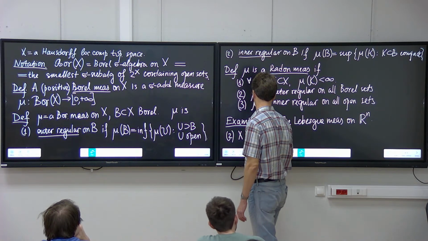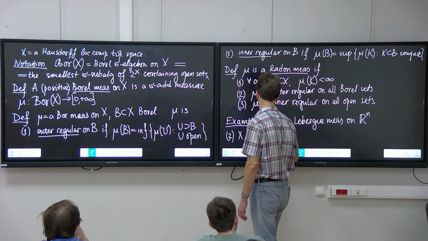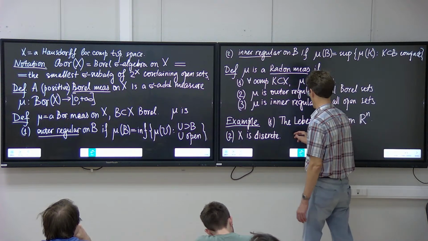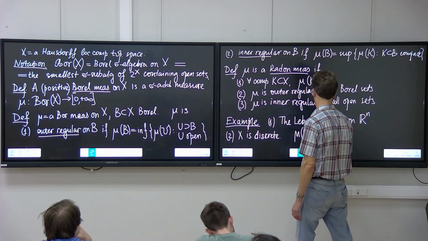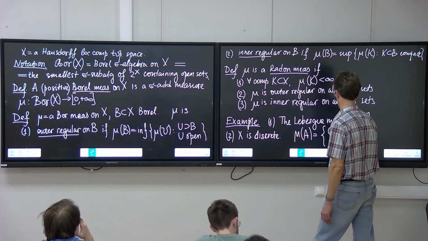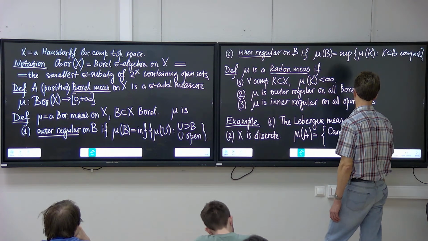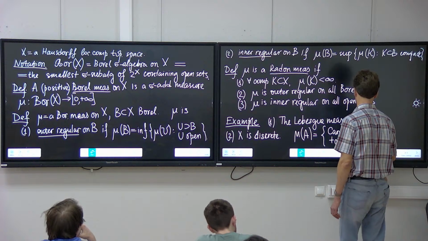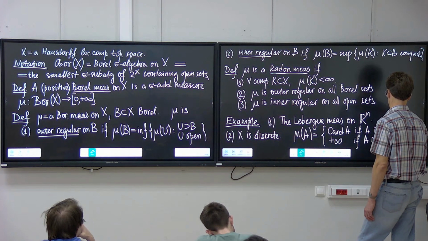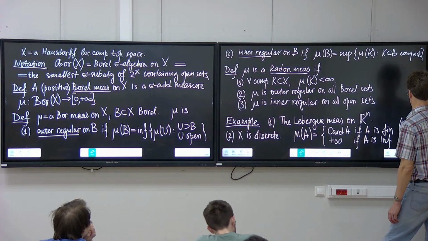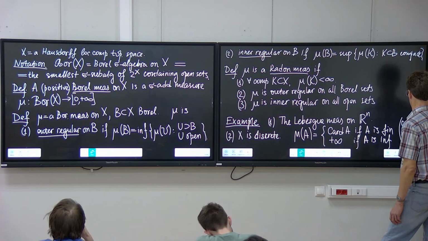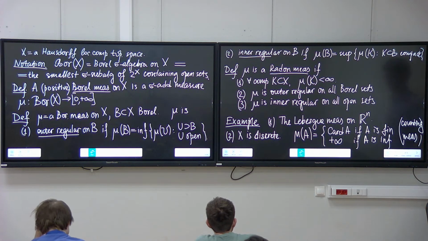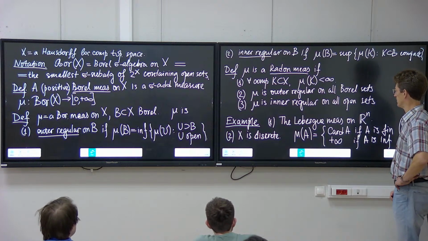Suppose that X is discrete, so the Borel sigma algebra consists of all subsets of X, and the counting measure is defined by the following simple formula. It is just the cardinality of A if A is finite, and plus infinity otherwise, if A is infinite. This is the counting measure. Well, it's easily seen that the counting measure is outer regular and inner regular on all sets.